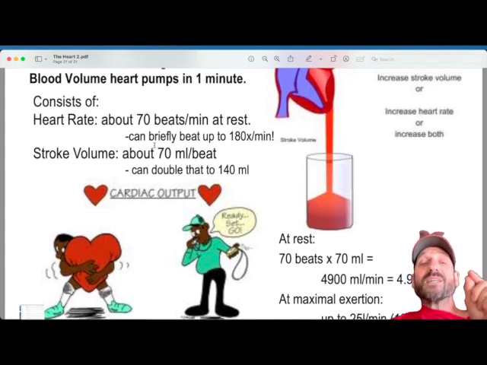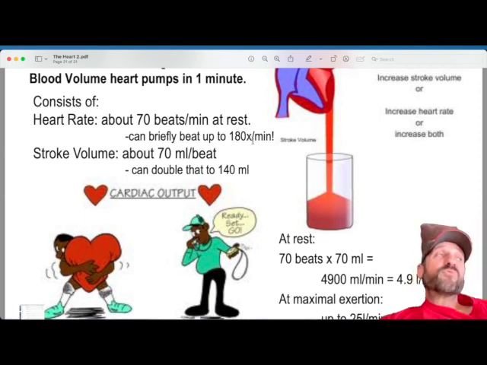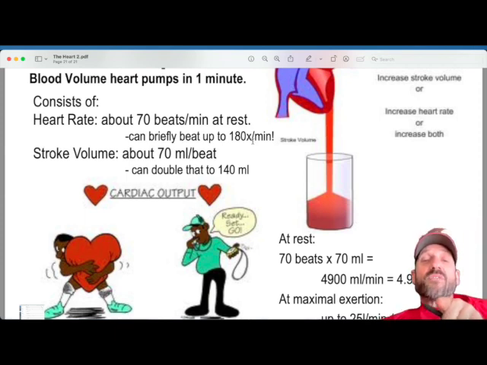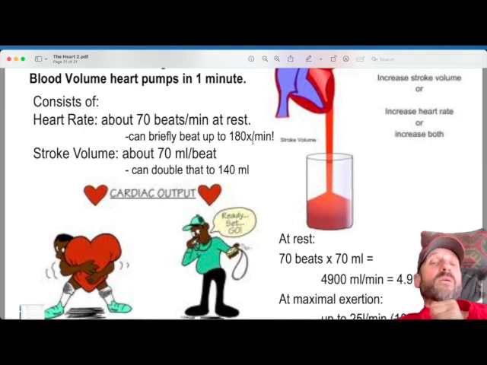But the cool thing is, look at this. The heart can, from 70 or lower, go all the way to 180 per minute for brief periods. So if you have to sprint and run away from a lion in an emergency situation, your heart can do it. Don't do it if you're older or not healthy. But if you're trained and healthy, it can go up to 180 times per minute.